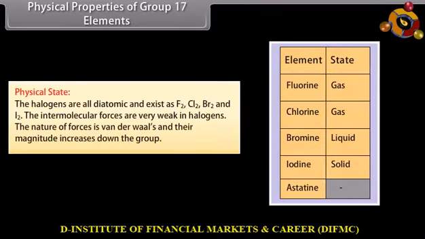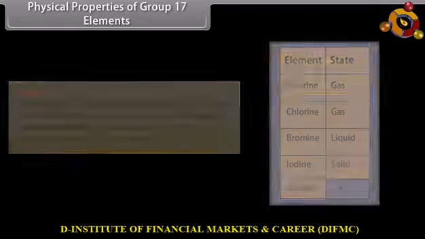The halogens are all diatomic and exist as F2, Cl2, Br2, and I2. The intermolecular forces are very weak in halogens. The nature of forces is van der Waals and their magnitude increases down the group. Thus, F2 and Cl2 are gases, bromine is a volatile liquid, and iodine is a volatile solid.